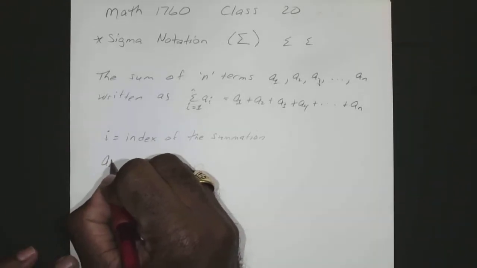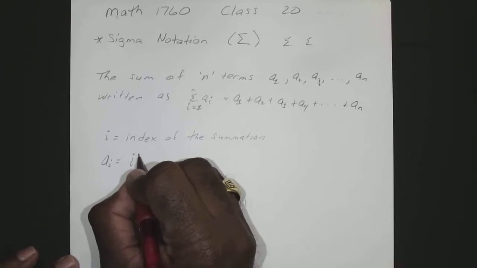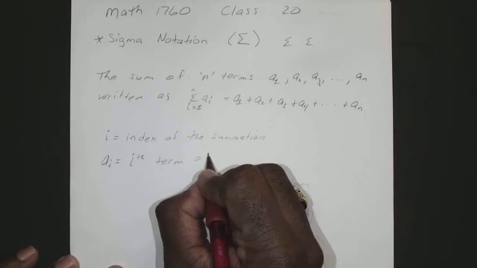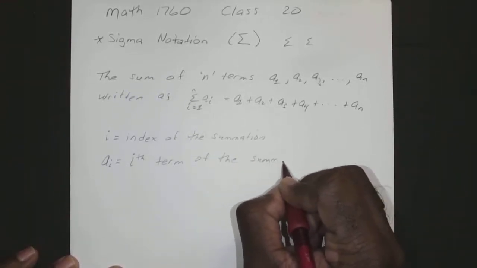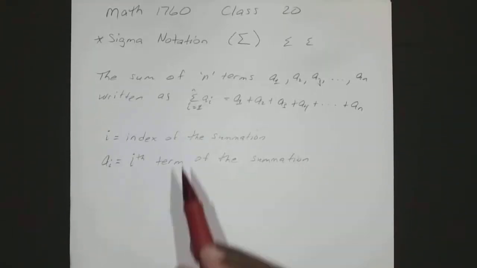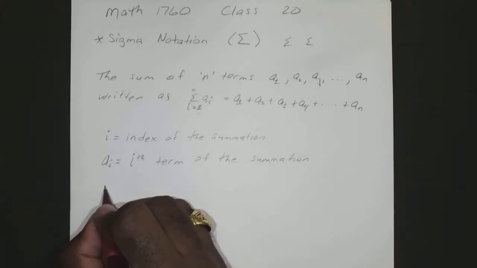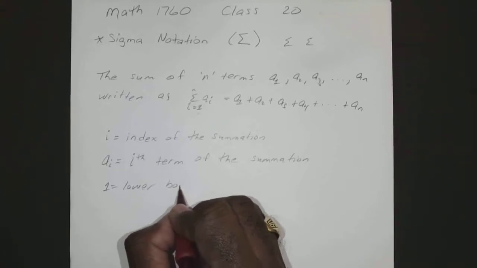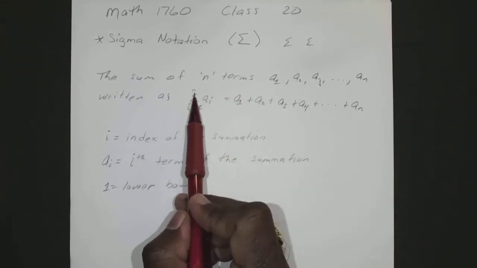Okay. Your a sub I is your, as you could say, your term of the summation. Okay. And in this case, 1 is your lower bound. And the n, right up here, is your upper bound.